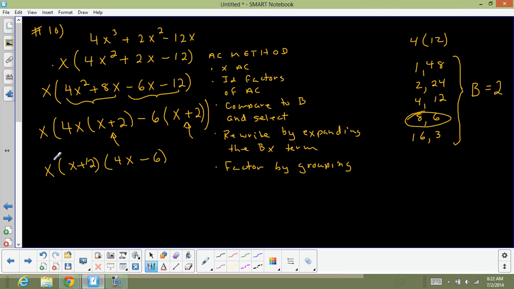Now, you factored it here, but not completely, because right in here, there's still a multiple of 2 remaining. And so to get a complete factorization would be x times the quantity x plus 2 times a 2 times a 2x minus 3. And there you have the exact same answer we came to the first time.